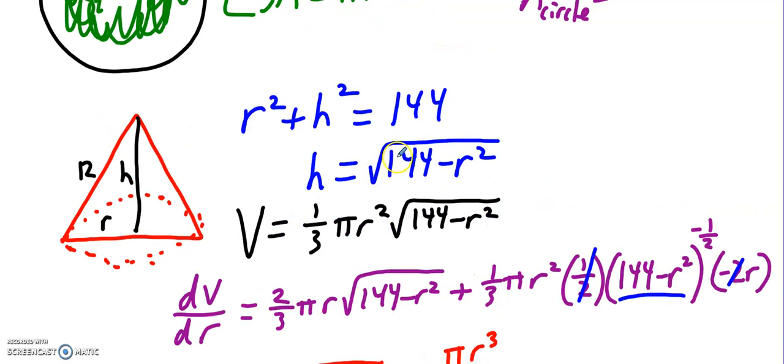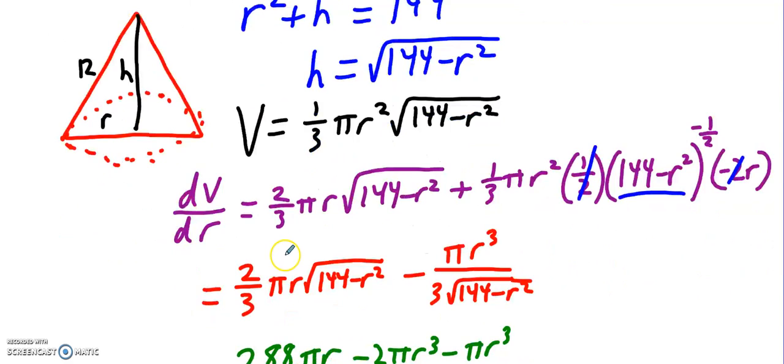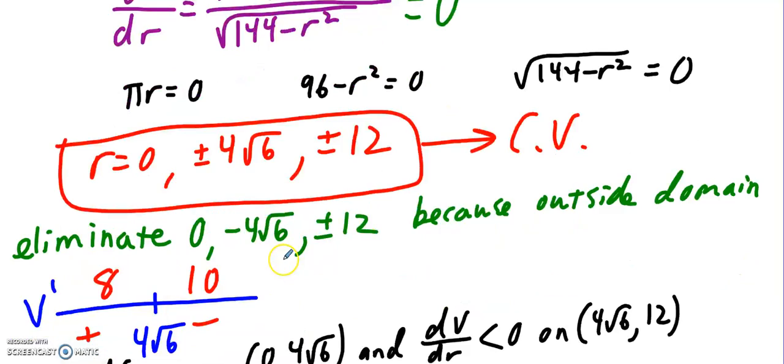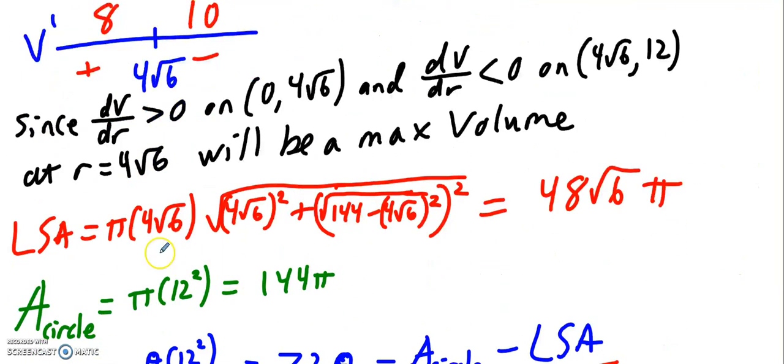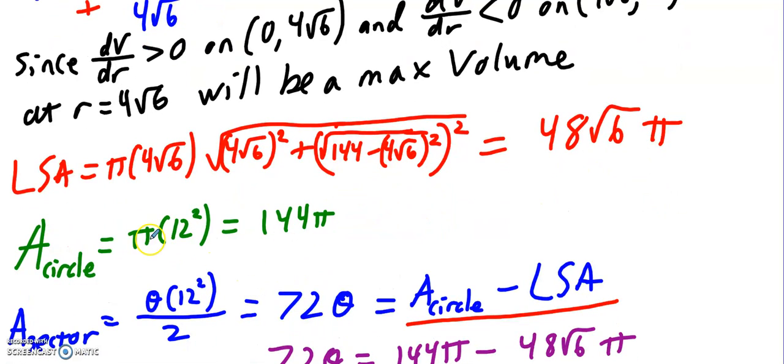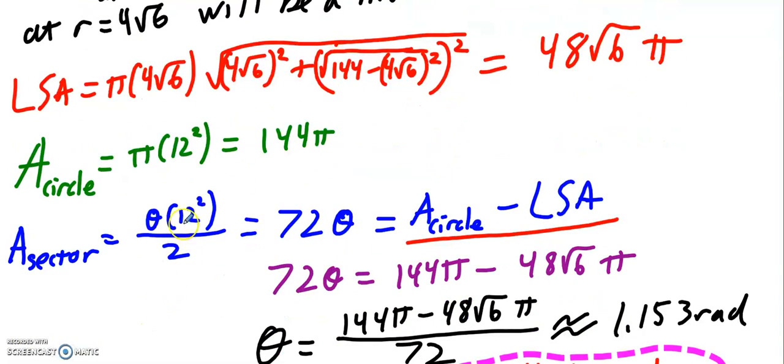And I know, remember, h is the square root of 144 minus r squared. So back down here, I can plug in 4 root 6 everywhere that there was an r, and I end up with that the lateral surface area is 48 root 6 times pi. The area of the circle is 144 pi, and the area of the sector is 72 theta.